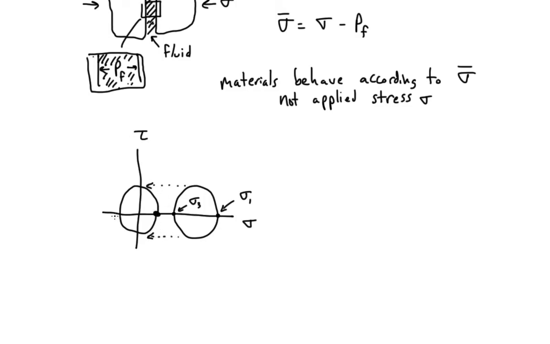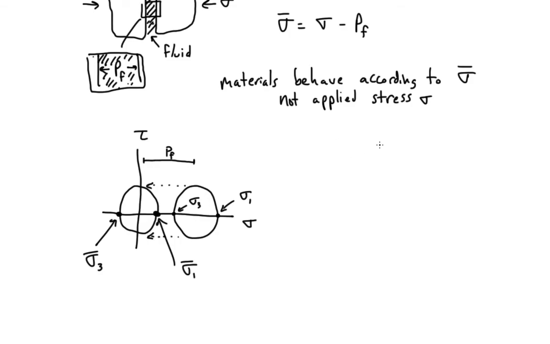And we have here effective principal stress, an effective sigma 3 as well. So we've taken the normal stress we had and subtracted the fluid pressure. The magnitude of the fluid pressure would be determined by how far over the Mohr circle moved.